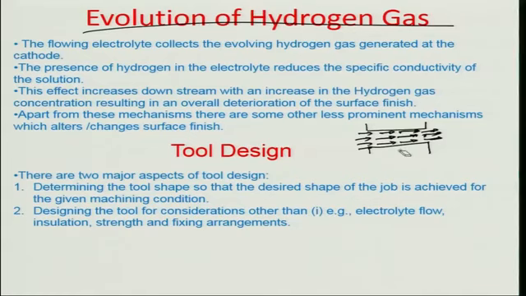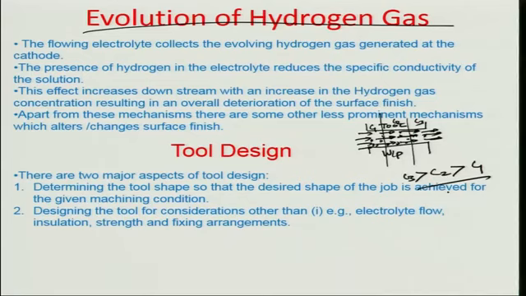In this case, let us say this is the tool, this is the workpiece, and the arrows show the flow direction. The hydrogen keeps on oozing out and bubbling out, so the concentrations in this zone and this zone and this zone are quite different. C3 is more than C2 is more than C1 because hydrogen keeps on adding in the flow direction of the electrolyte.